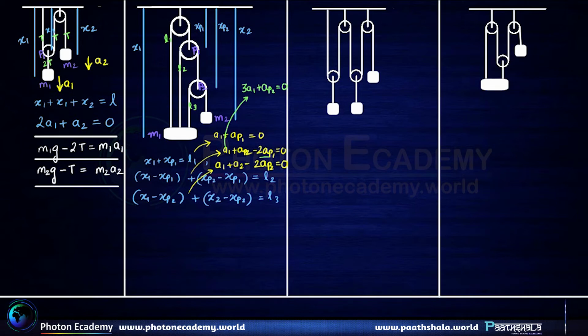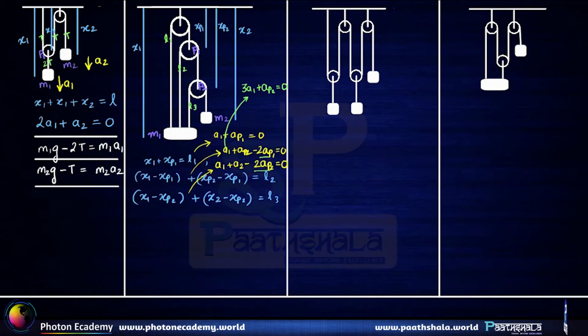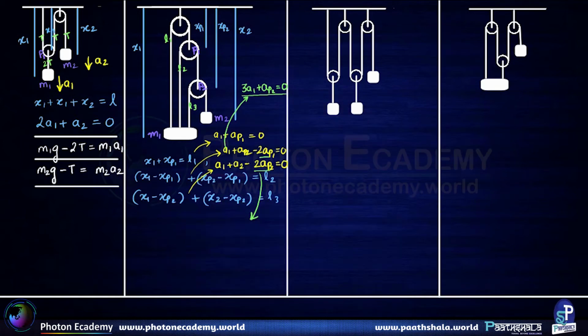Hence ap2 will be minus 3 times a1, and minus 2 times ap2 in the third equation will turn out to be plus 6 times a1, as the minus minus sign will get cancelled out.